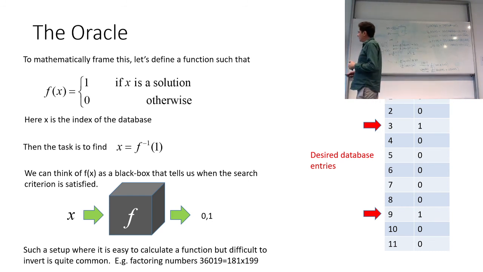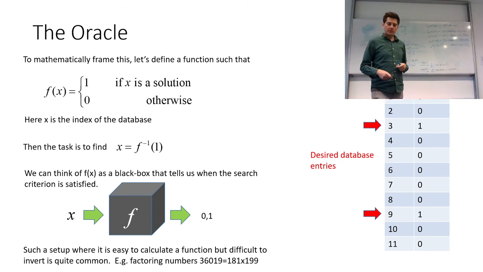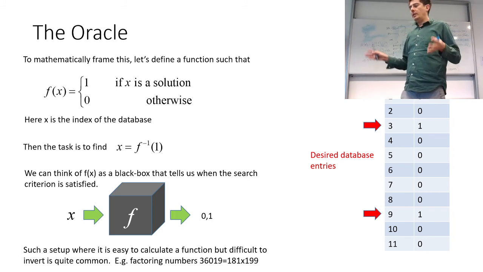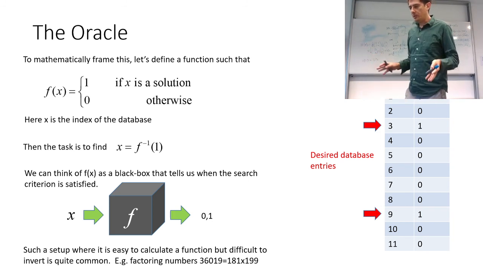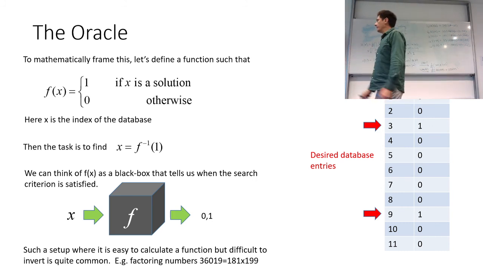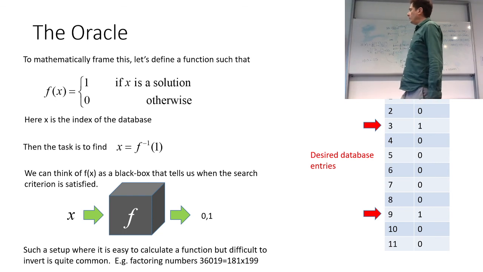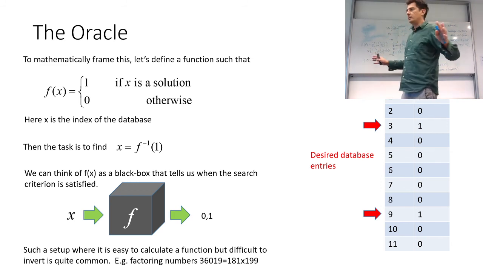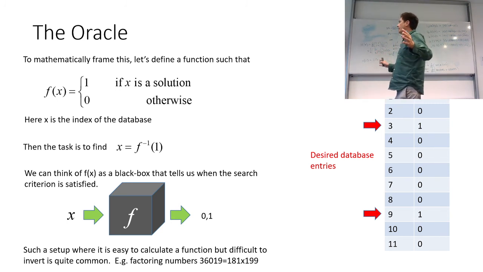In Deutsch's algorithm, we were looking at all possible functions, right? So we had a binary input and a binary output. In this case, we still have a binary output, but now an input which is more than binary. It's got n elements as its input.